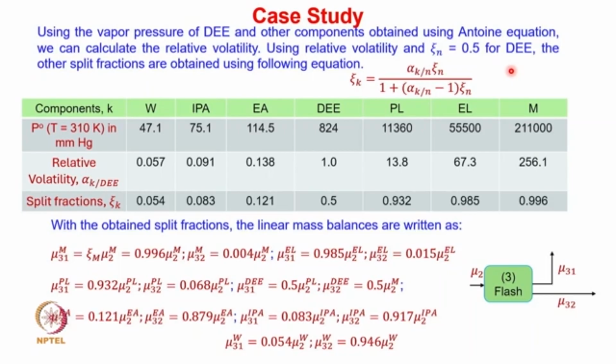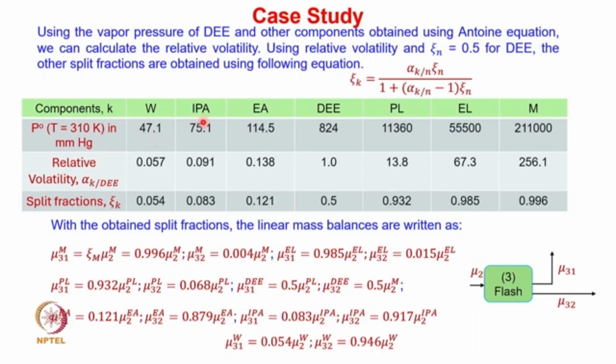Now with respect to this, if we take diethyl ether as a key component, we can calculate the split fractions of other components, isn't it? In this case there are different components and these are arranged in order of decreasing boiling point. You can see that we can calculate the vapor pressure of each of these components by using the Antoine equation, isn't it?